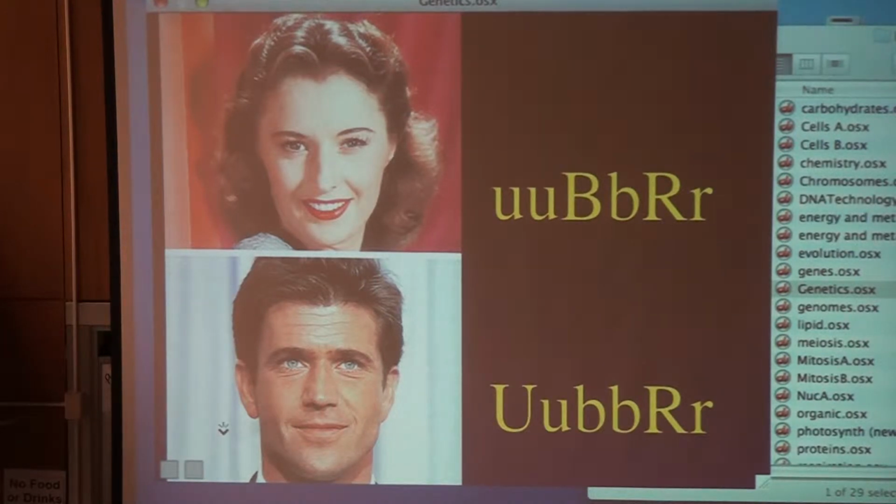So here's a question. If Barbara and Mel had kids, and use a Punnett square for this, what's the chance that their kids would have attached earlobes? Maybe do a Punnett square and tell me what's the chance they could have attached earlobe kids.